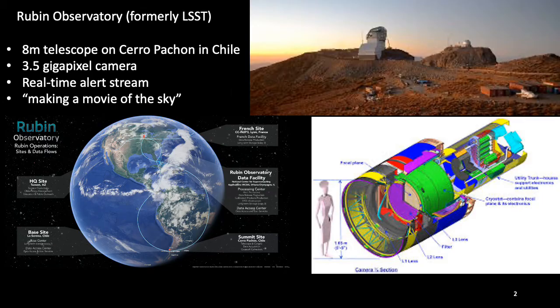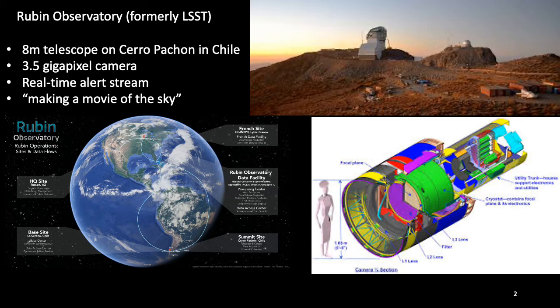Let's get going. So the one-slide introduction to Rubin Observatory, formerly LSST, is that we have an 8-meter telescope on Cerro Pachon in Chile. There's a picture of the summit on the upper right. On this telescope, we're equipping it with a 3.5 gigapixel camera. There's a schematic in the lower right of our kind of SUV size and weight camera. And we're going to have a real-time alert stream.